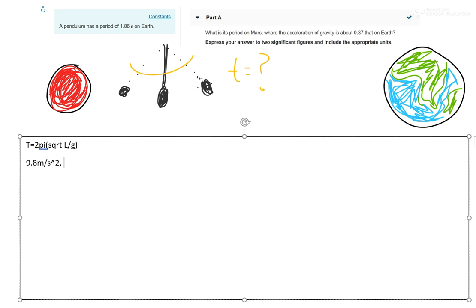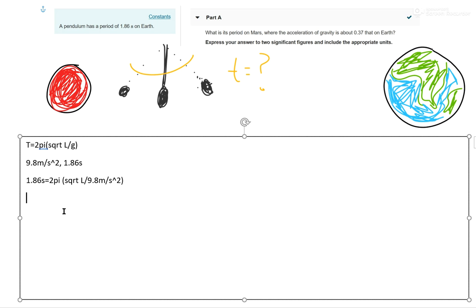And our pendulum time on Earth is 1.8 seconds. So if we put this into our equation, we get 1.8 seconds equals 2 pi times the square root of length over 9.8 meters per second squared.